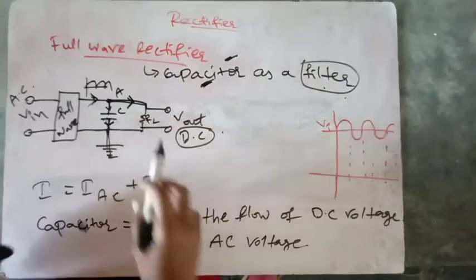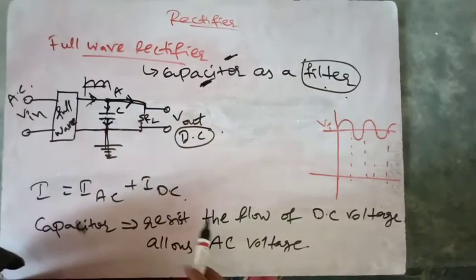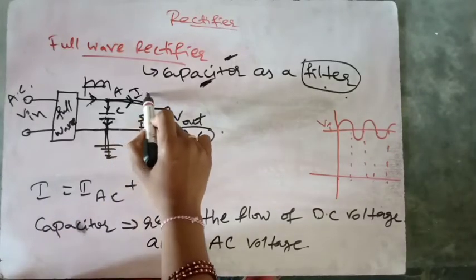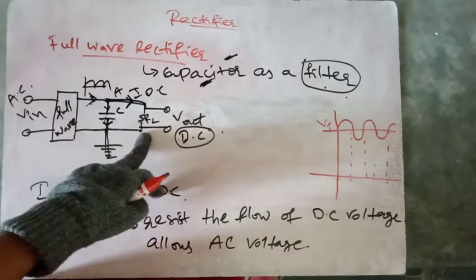Now we are left with the DC current. This DC current will flow through this load resistor.